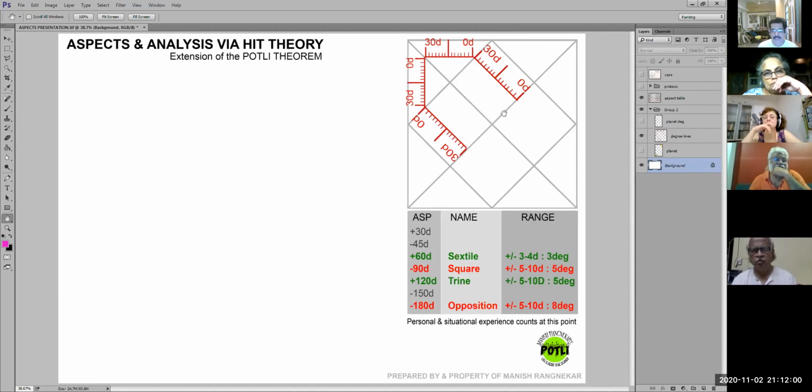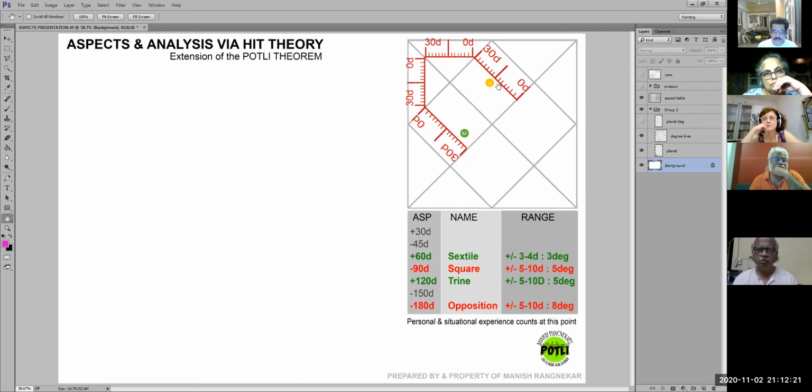Now we are talking of the natal planet. These are the natal planets. I'm not even touching the Gochar here. I'm just talking about the natal planet. Only based on the natal planets also you'll be able to predict. These are the natal planets which are seated in your Rashi chart.